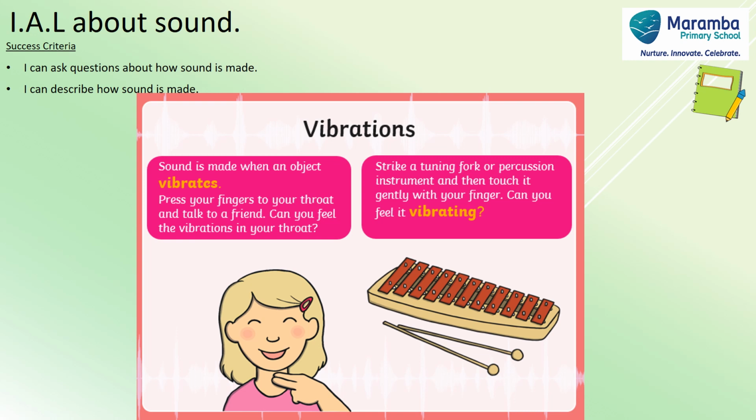If you were in the music room at school, you might like to ask Mr. Shenfield to see what a tuning fork does, or even a percussion instrument like this xylophone here. And you would be able to feel the vibrations happening.